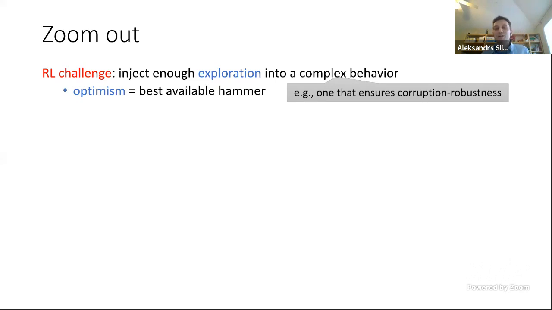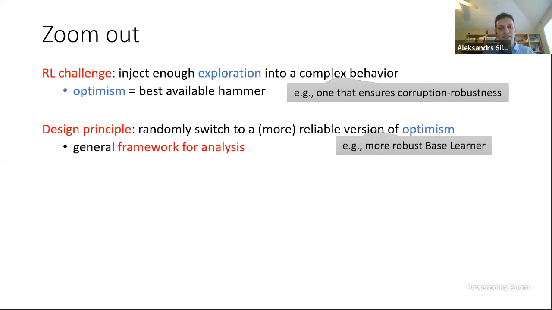Namely, we have this RL challenge: how to inject enough exploration into some complex behavior, for example behavior that ensures corruption robustness. Optimism under uncertainty happens to be the best hammer that we have. And we have this general design principle that we randomly switch to a more reliable version of the optimistic behavior, for example to a more robust base learner. And we have a general framework for analyzing these algorithms.